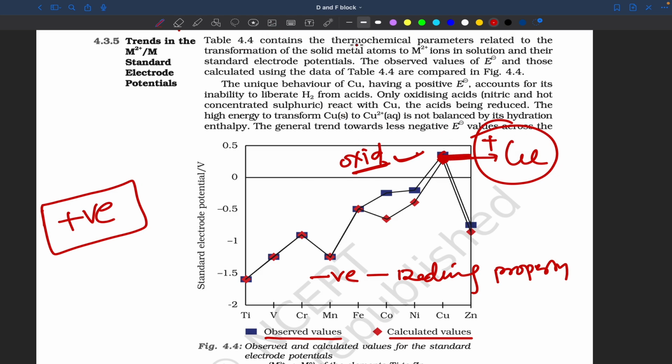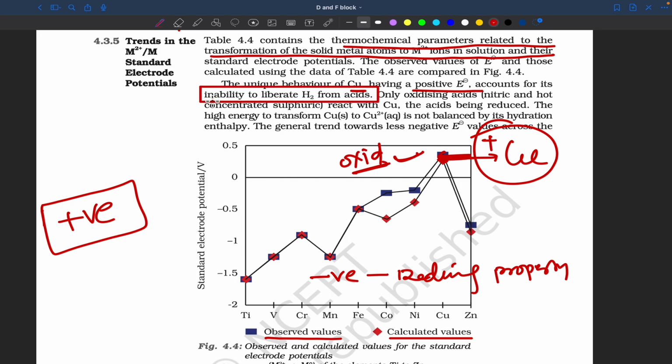Table 4.4 contains thermochemical parameters related to the transformation of solid metals from M to M plus. Standard electrode potentials observed are given in this. The unique behavior of copper, having a positive E naught value, accounts for its inability to liberate hydrogen from acids.